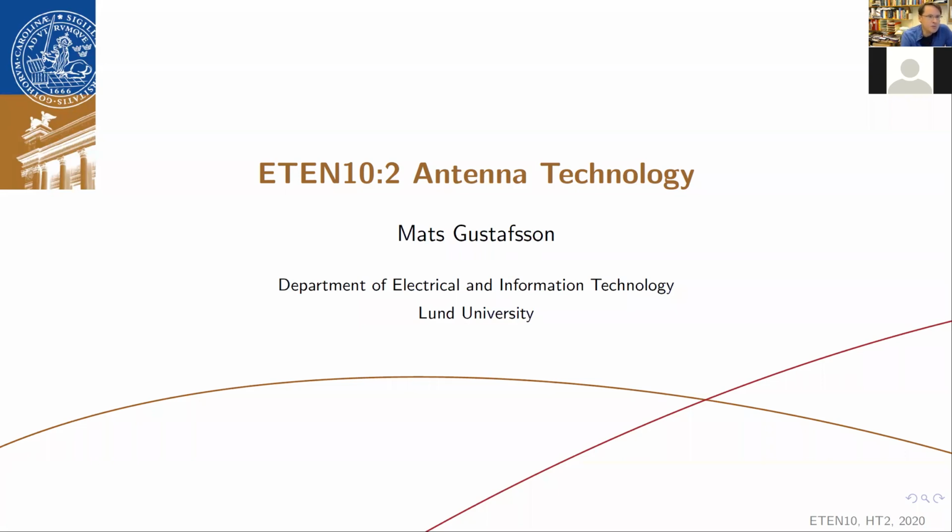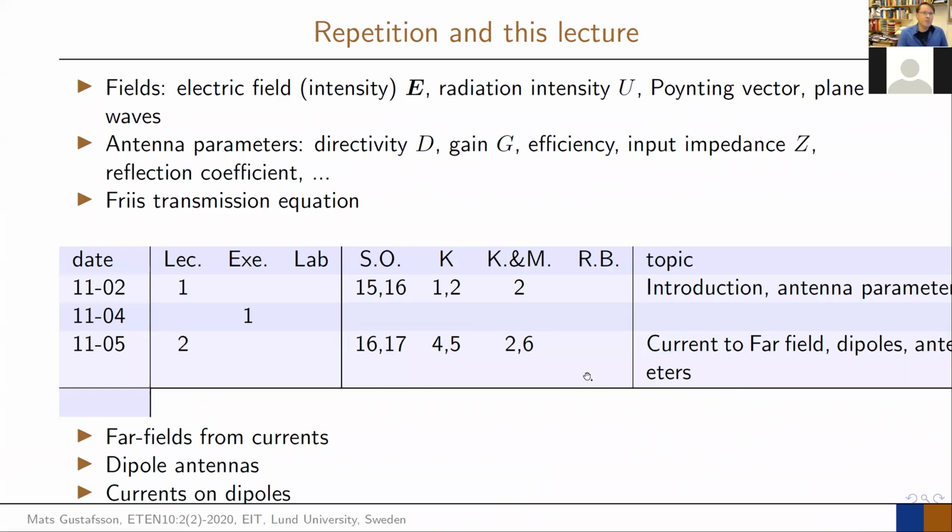Okay, so then we will start. Some things that we did in the last lectures: we introduced some of the parameters that we are looking at. First of all, the fields. We looked at the electric fields, the electric intensity typically.